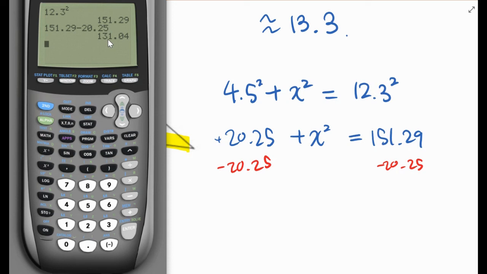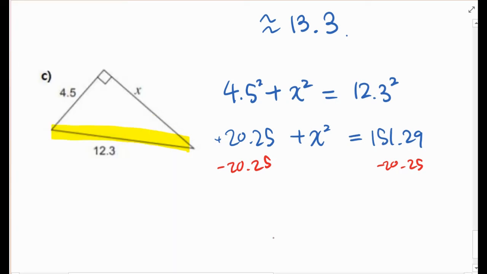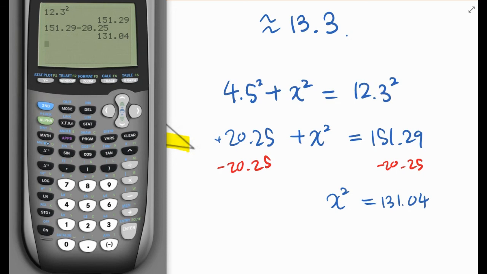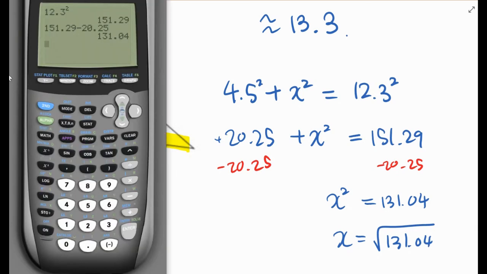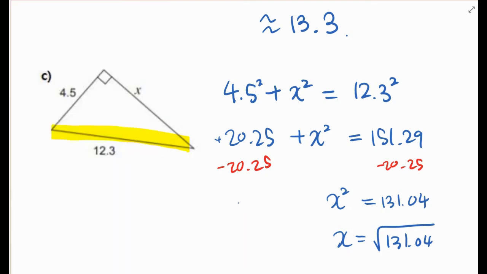So that is 131.04. That is x squared. Okay, then x should be square root of 131.04. Let's calculate it. 11.447. So if you round it to one decimal, it is 11.4.